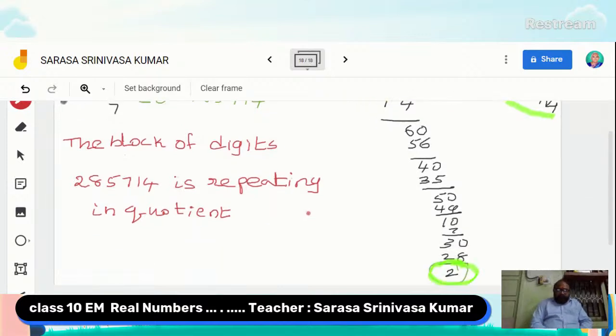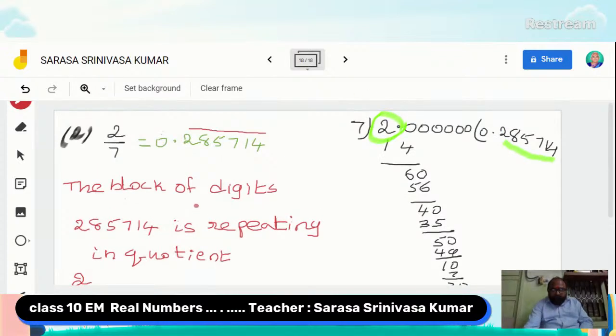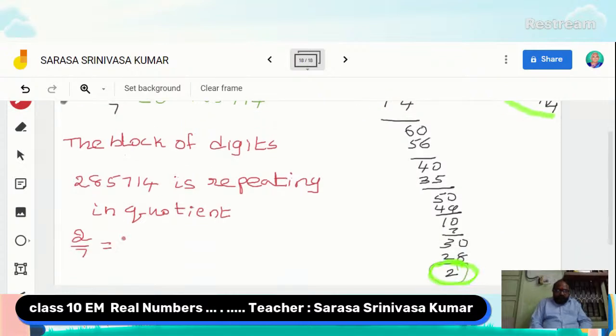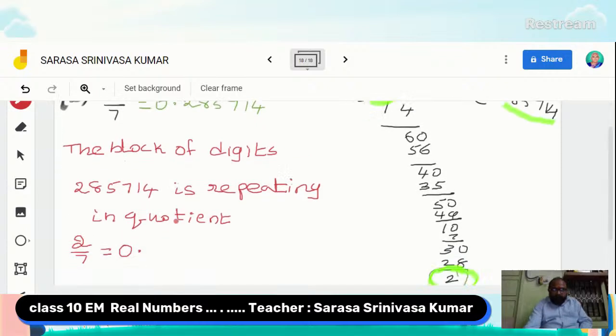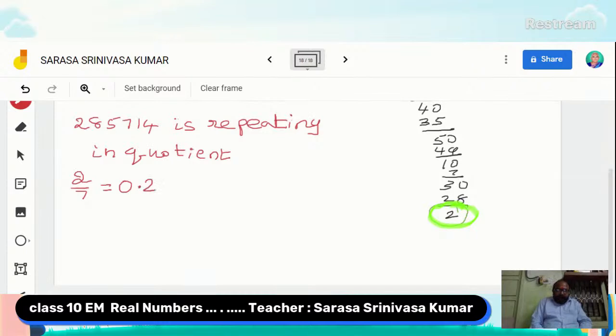So 2 by 7 equal to 0.285714, 714, and so on. This is equal to 0.285714 bar.